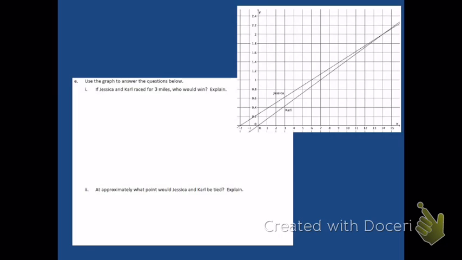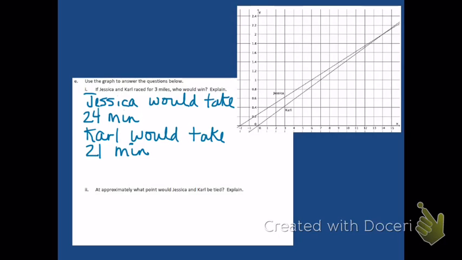Jessica would take 24 minutes to go 3 miles, because she goes 1 mile in 8 minutes, or 3 miles in 24 minutes. Carl goes 2 miles in 14 minutes, so it would take him 21 minutes to go the 3 miles.